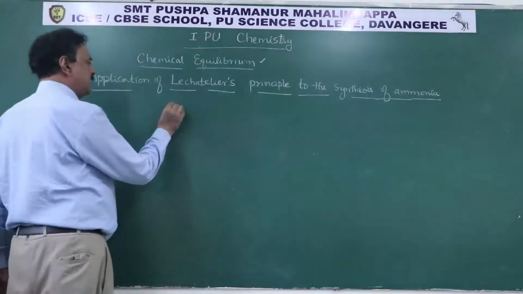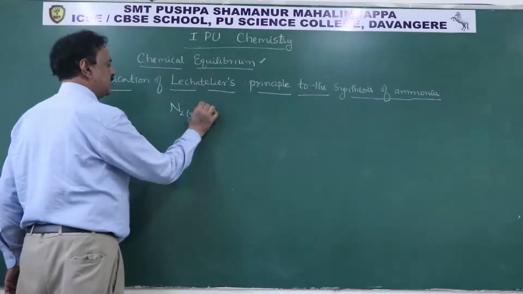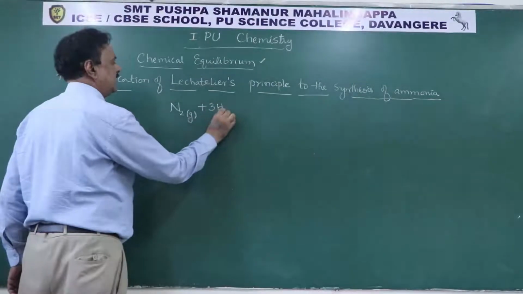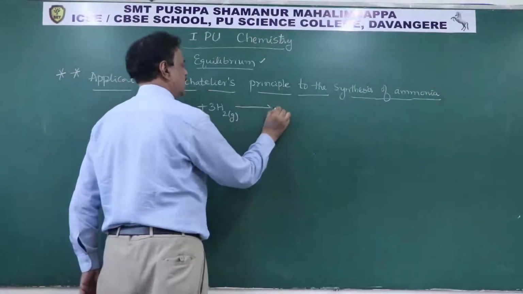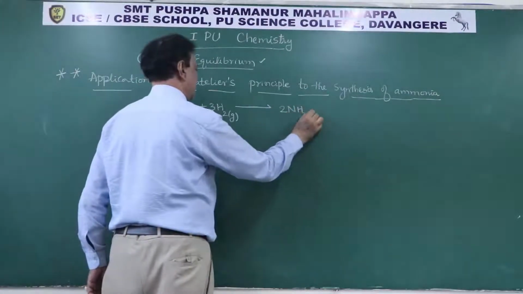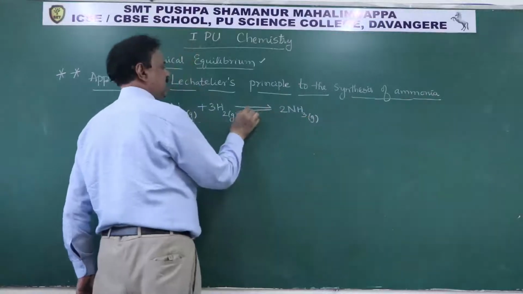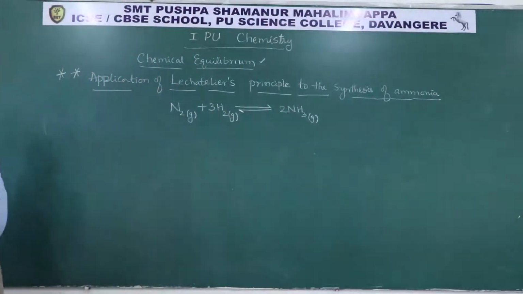Ammonia is synthesized by Haber's process. Nitrogen in gaseous phase and hydrogen in gaseous phase give rise to ammonia in gaseous phase. Then it attains equilibrium, shown by the half arrow mark.